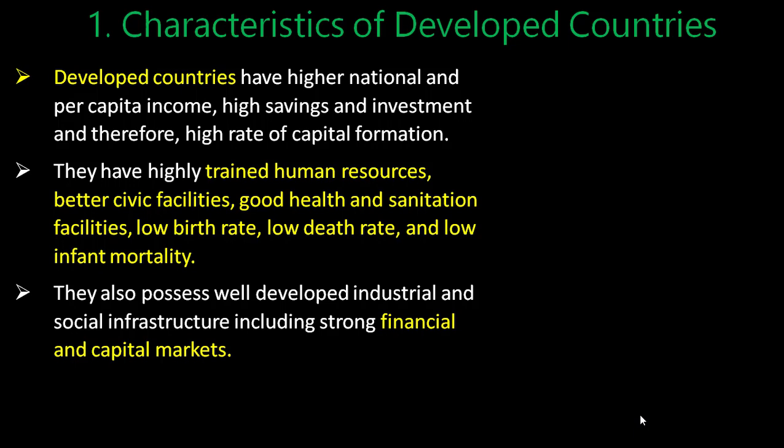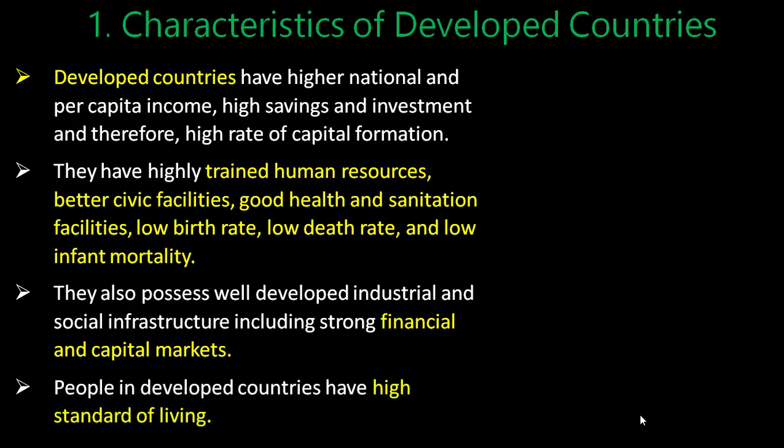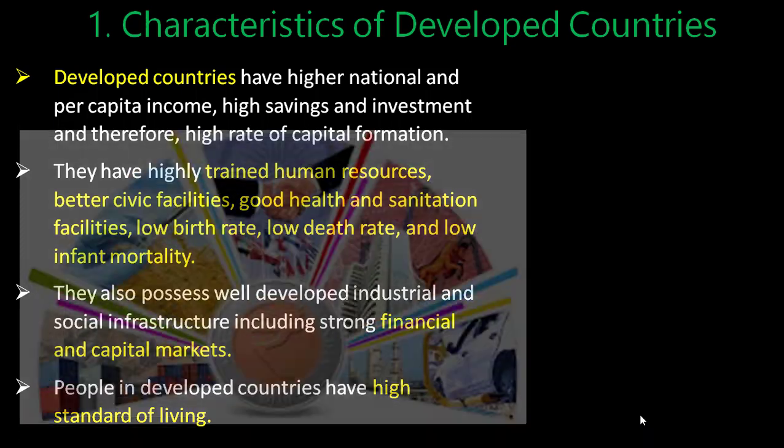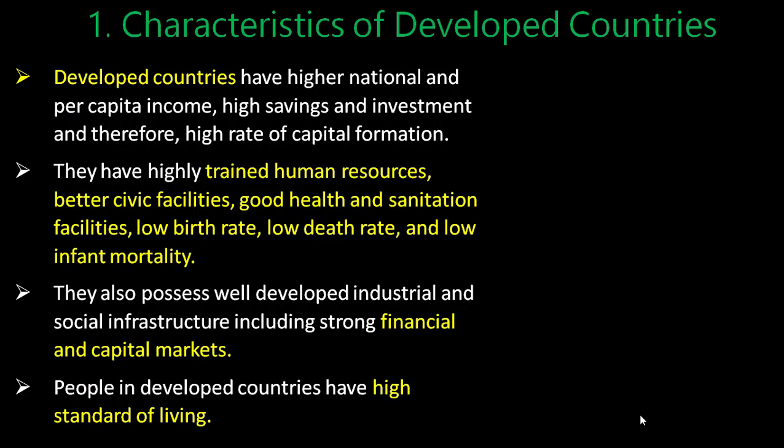As a result, a high rate of capital formation is created, and most probably they have highly trained human resources in their country. Better civic facilities, good health and sanitation facilities, low birth rate, low death rate and low infant mortality are very good in developed countries.